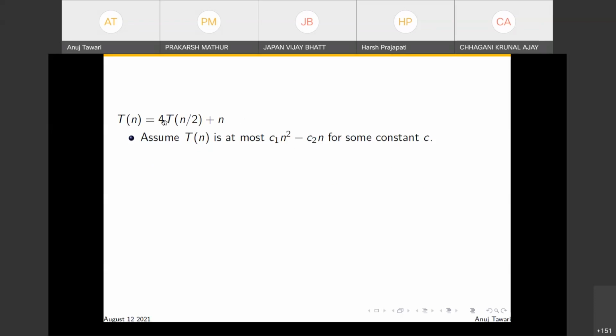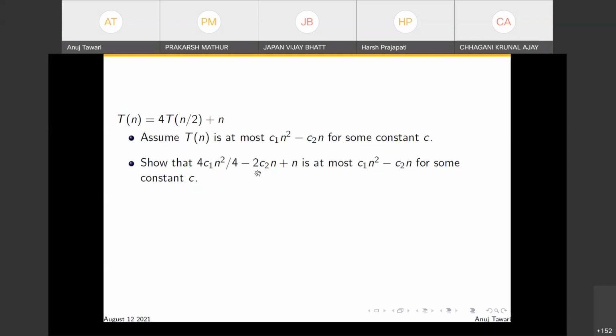And now we want to show that 4T(n/2) plus n is at most this quantity, c1 n square minus c2 n. So we substitute this in the right hand side. What we get is 4 c1 n square by 4 minus 2 c2 n plus n. And we want to show that this is at most c1 n square minus c2 n. So the first term gets cancelled out, c1 n square, c1 n square.